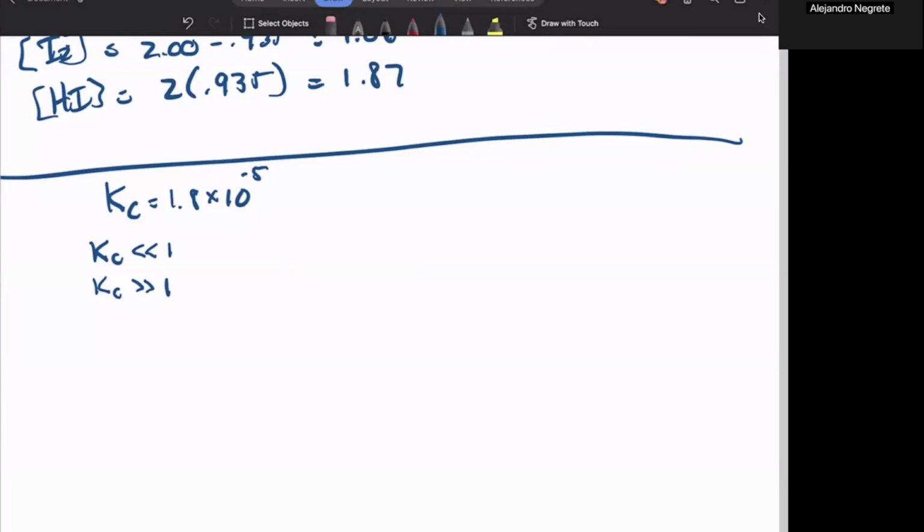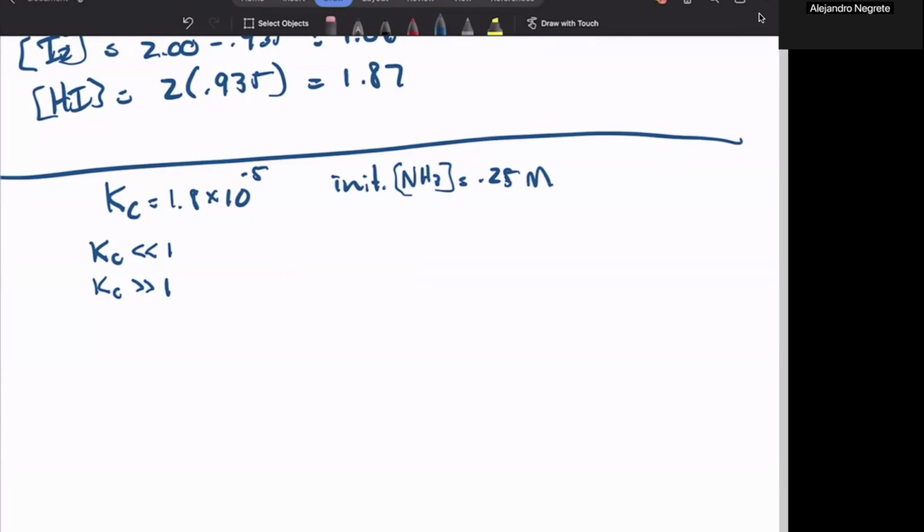So let's start out with some information here. Let's go with an initial concentration of ammonia, and that's going to be 0.25 molar.